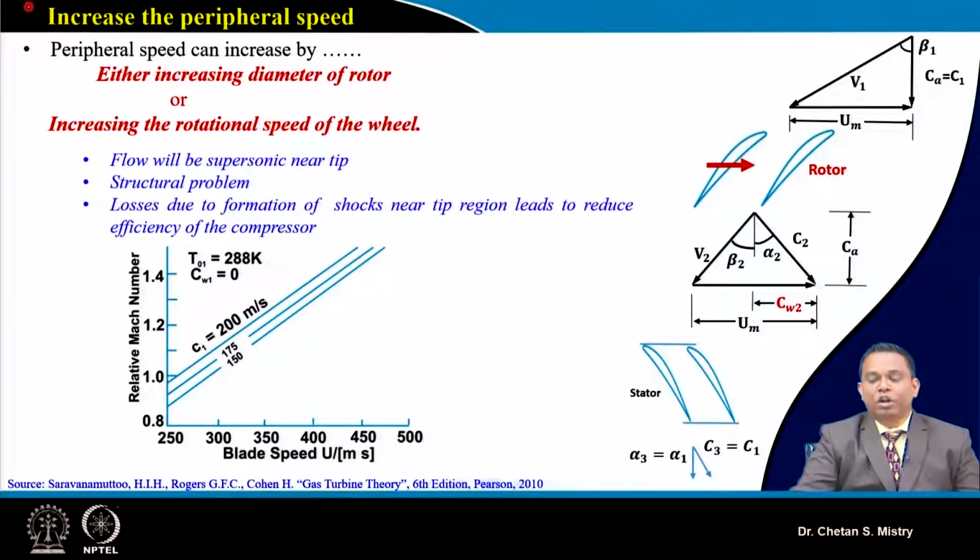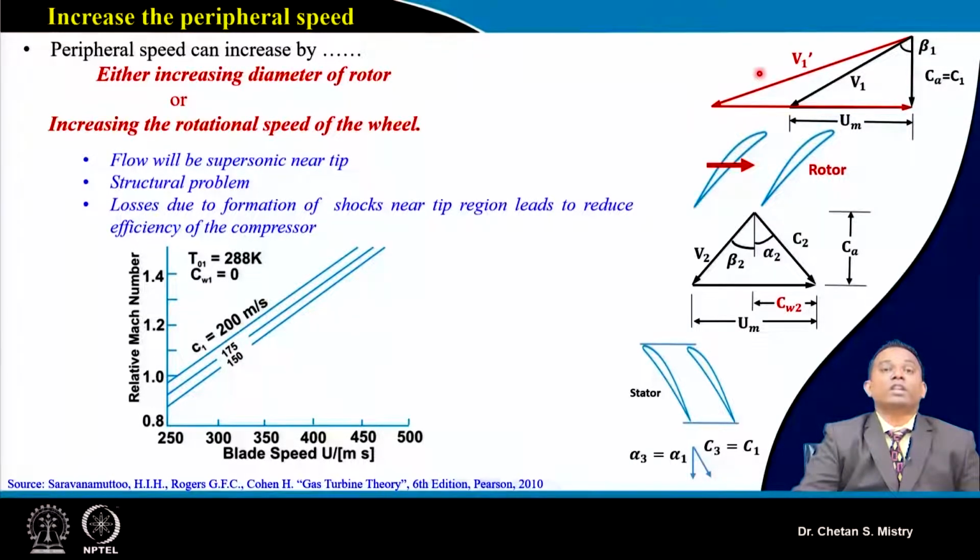Now in order to understand that part, let's consider we are increasing our rotational speed. What will happen? Because of the increase in our rotational speed, my relative velocity is going to be higher. At the same time, we will have our beta 1 dash coming to be higher.